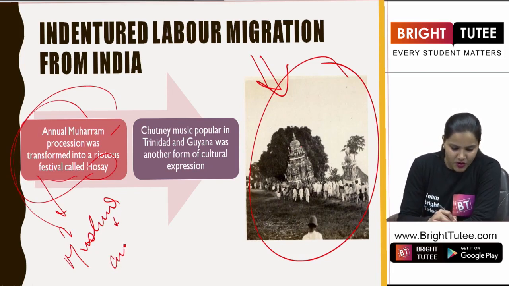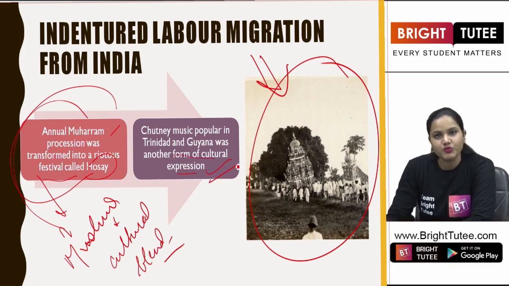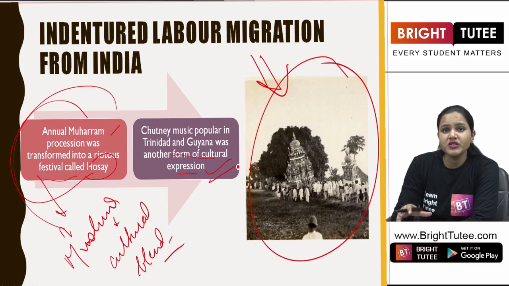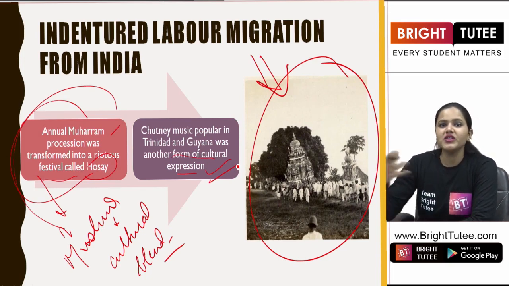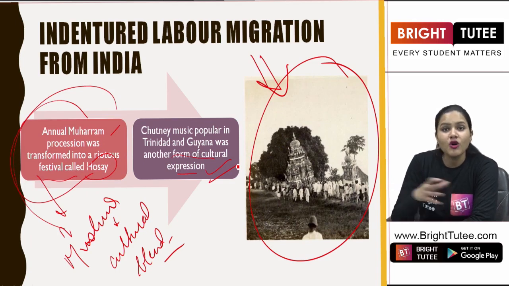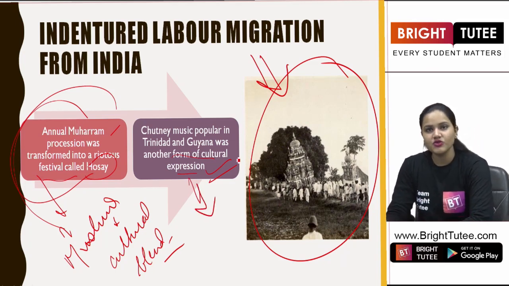This is one example of the cultural blend taking place in the region. Now, chutney music that was popular in Trinidad and Guyana was another form of cultural expression. So, different people following different religions and languages were coming together. There is this whole mixture in the cultural form and they are trying to blend it. These examples show that.